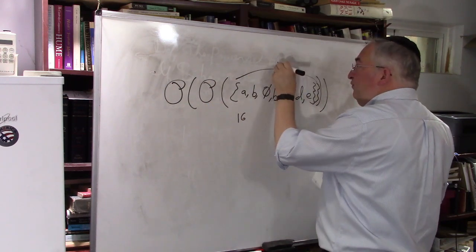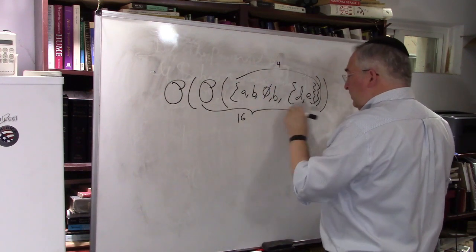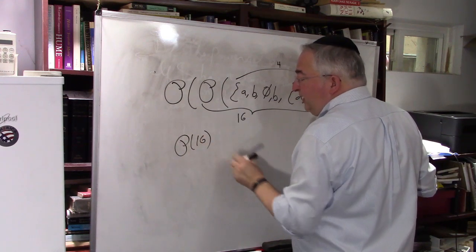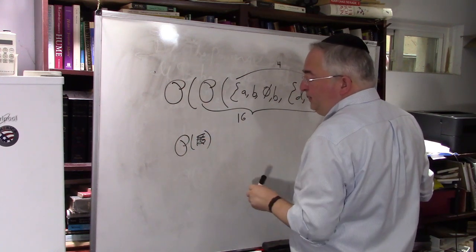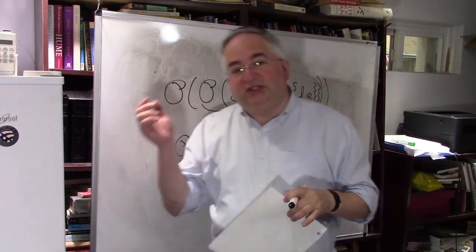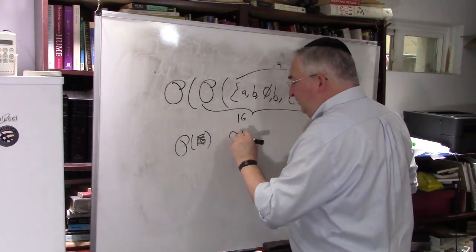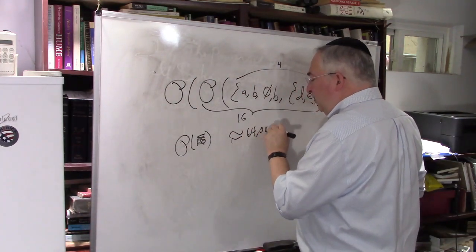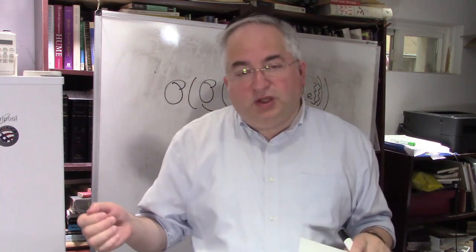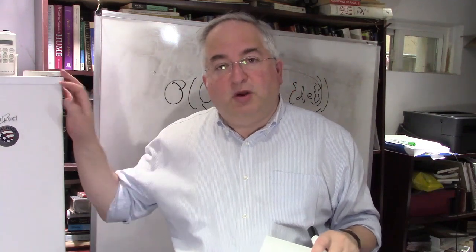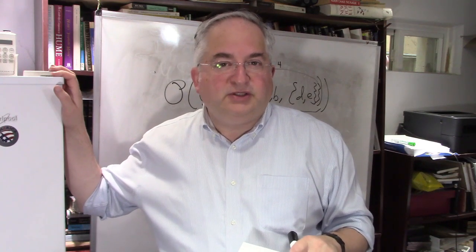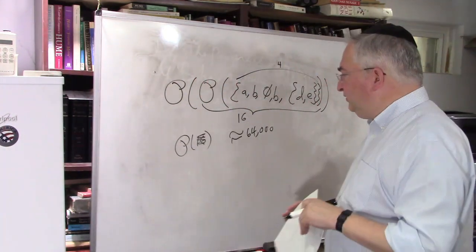So this has 4 elements. This has 16 elements. And the power set of a 16 element set is 2 to the 16, which is about 64,000. 2 to the 10 is 1,024. 2 to the 11 is 2,000. 2 to the 12 is 4,000. 2 to the 13th is 8,000. 16,000. 64,000.